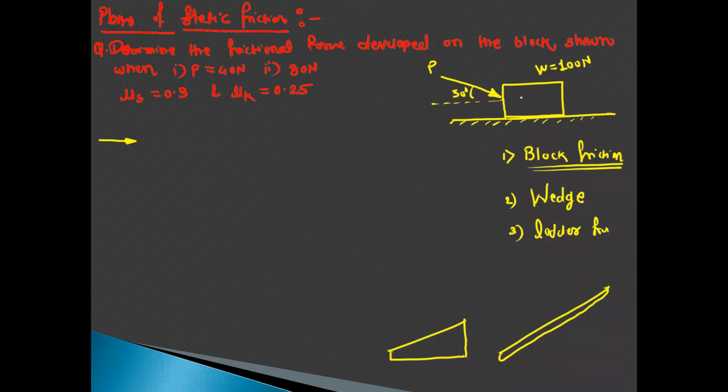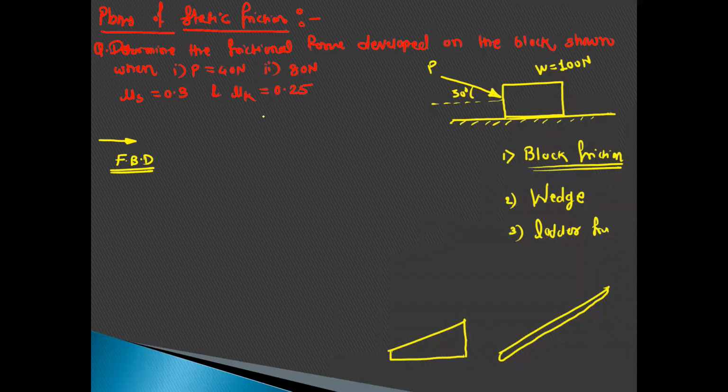Okay, now refer to the problem. We have to find out the frictional force developed on the block. So your first step will be to draw the free body diagram. For the free body diagram, when we decide the direction of frictional force, we have to observe the direction of motion, that is called an impending motion.